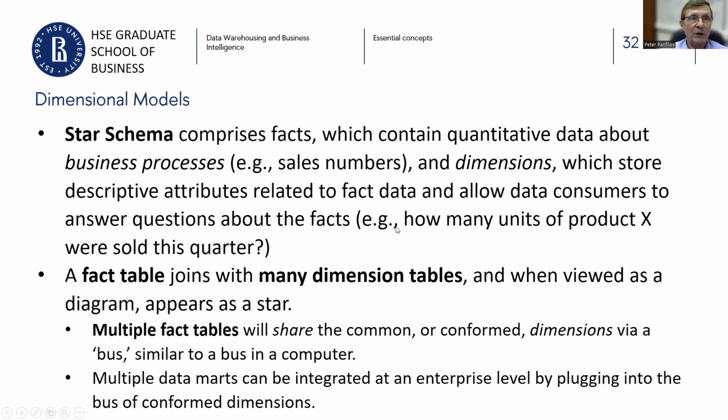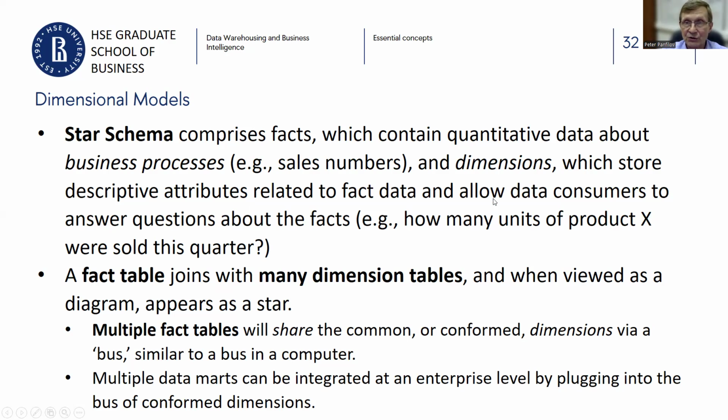And again, a star schema is a combination of two important components. We have facts, and we have a special fact table. Facts are quantitative data about business processes. And we have dimensions, dimension tables. Dimension tables represent attributes that describe those facts.